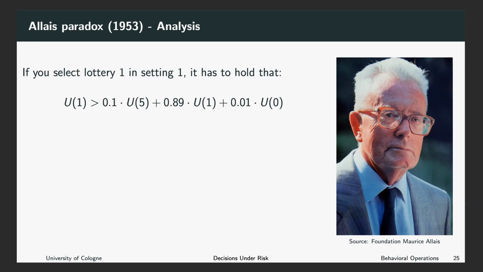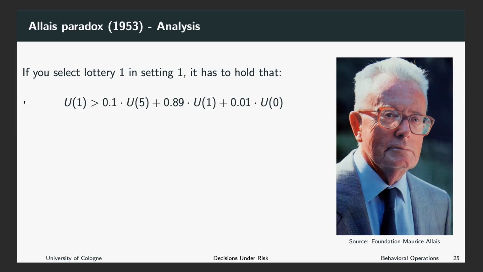If you select lottery 1 in setting 1, it has to hold that your utility from getting 1 million with certainty is larger than the utility you get from 5 million with probability of 10% plus the utility from 1 million with probability of 89% plus 1% times the utility you derive from 0. Okay, so whenever you select lottery 1 in setting 1, this has to hold.